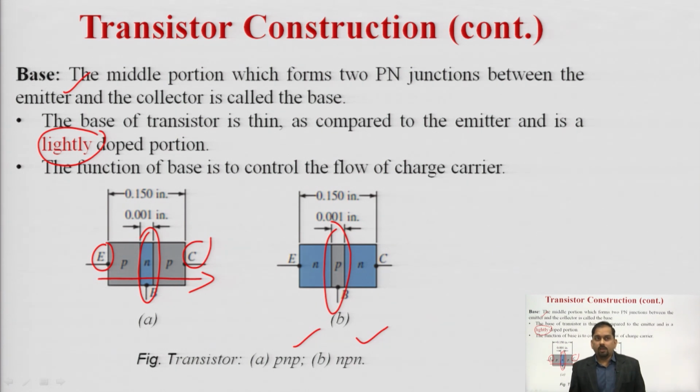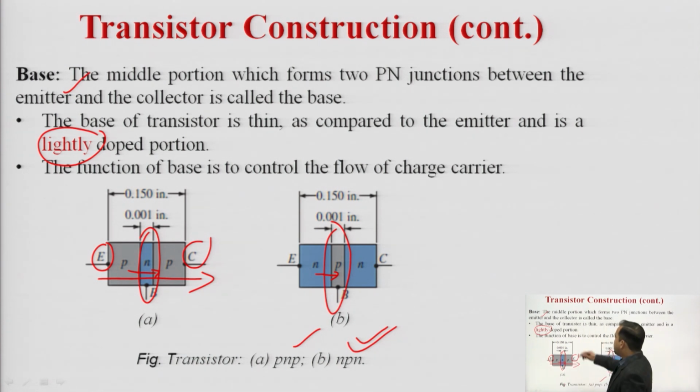But if the base region is highly doped, meaning if N is highly doped, then there will be recombination of holes from the P region to the N region, or from the N region to the P region for an NPN transistor. So, just to minimize the recombination, we need the base to be lightly doped, so that the majority charge carriers reach the collector region.